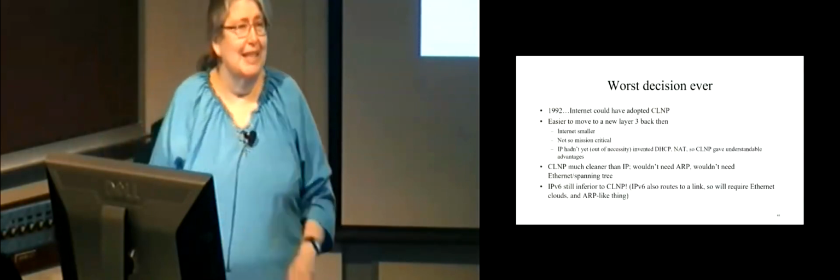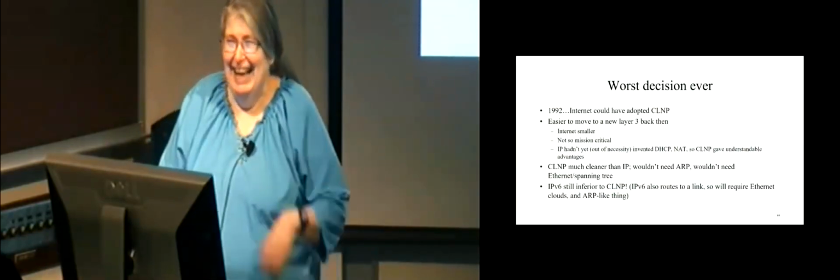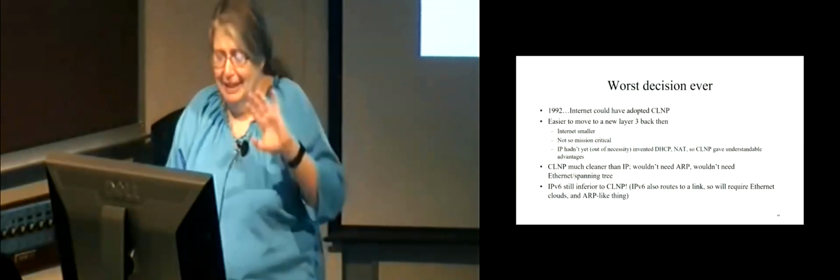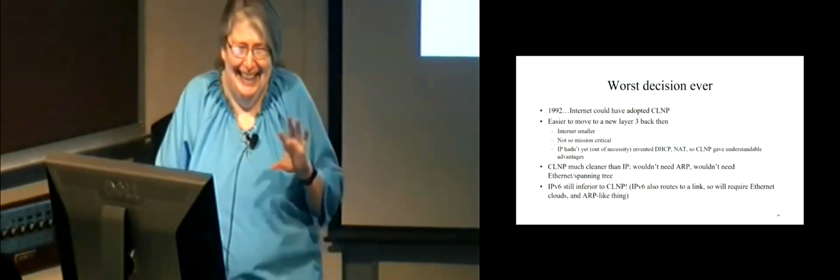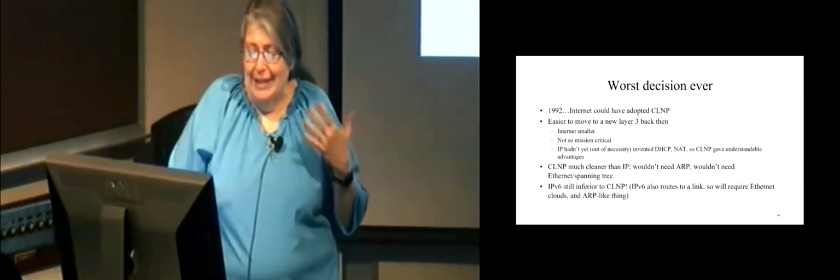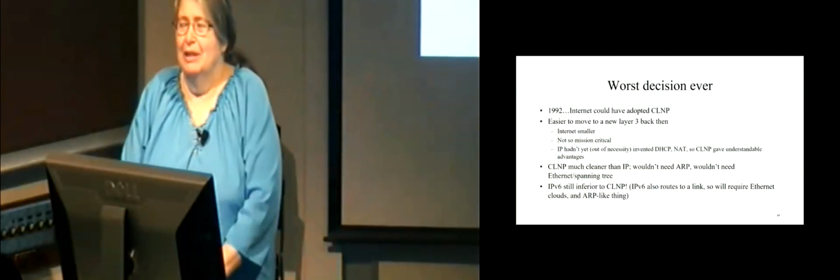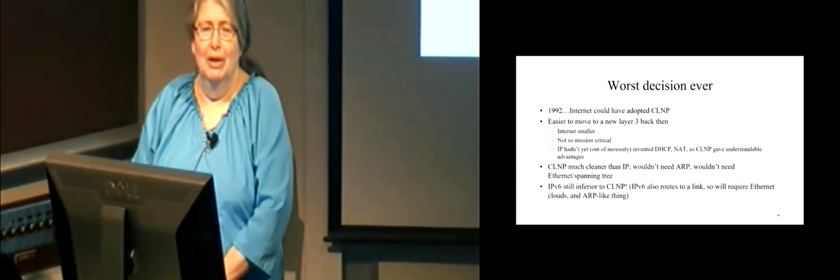So the single worst decision in the history of mankind, I wrote these slides before a recent election, was that in 1992, people said, hey, the IP address is 4 bytes. That's kind of too small.